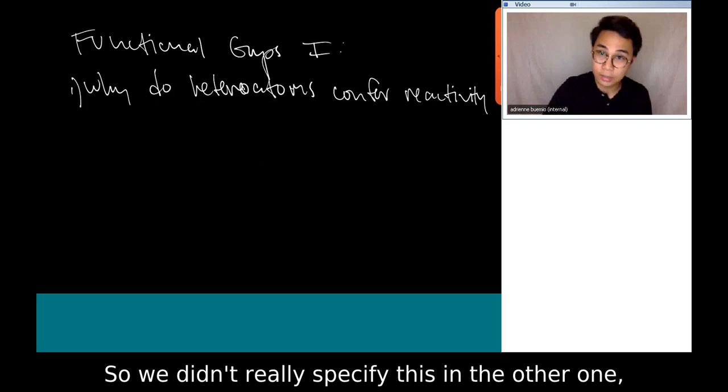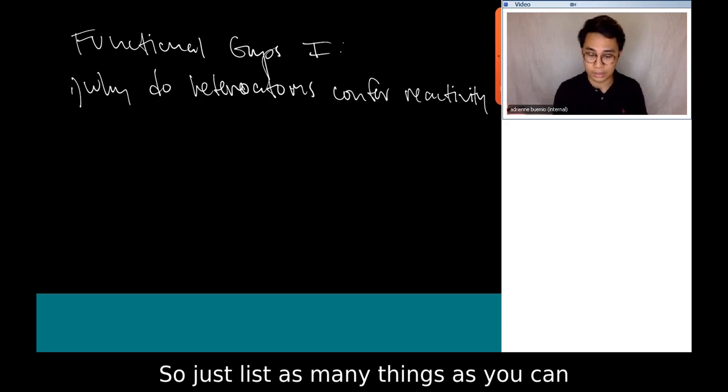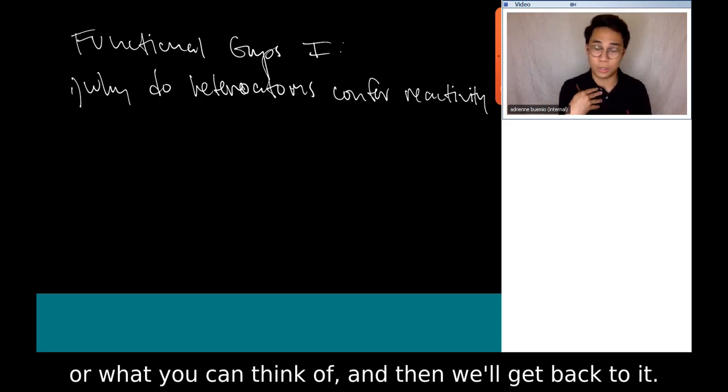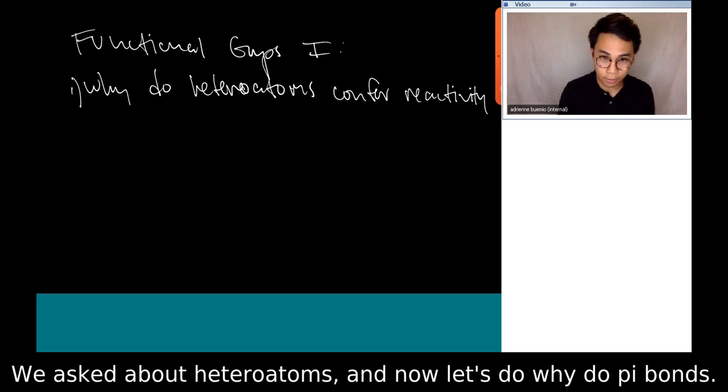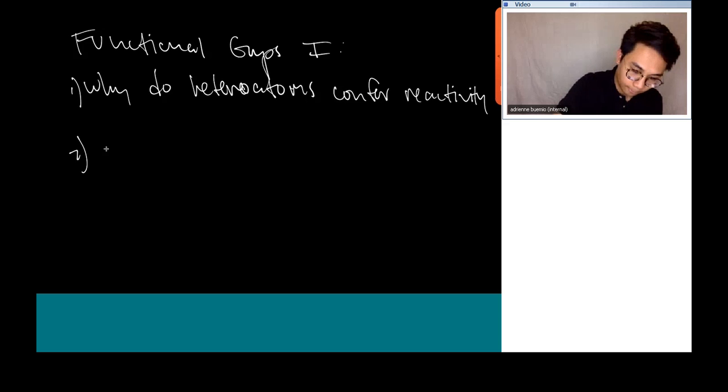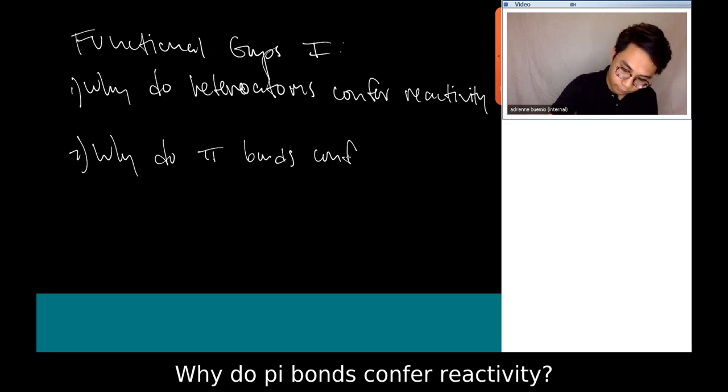We didn't really specify this in the other one, but I want to know what you guys think. So just list as many things as you can, or what you can think of, and then we'll get back to it. And then same thing, we asked about heteroatoms, and now let's do: why do pi bonds confer reactivity?